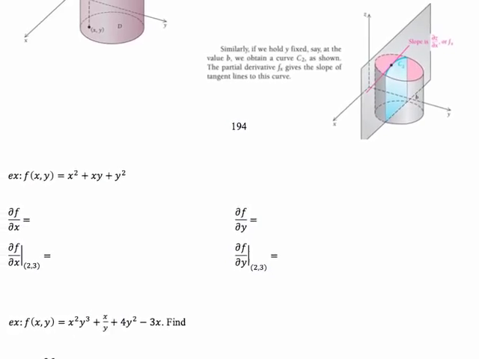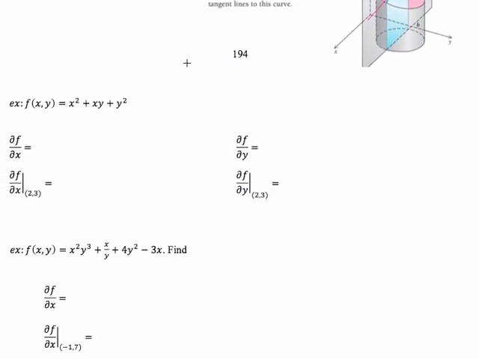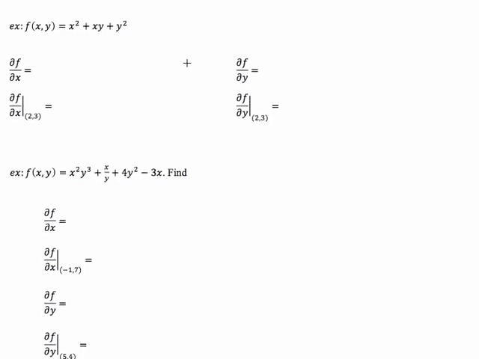Let's practice finding some partial derivatives. So if f of x, y equals x squared plus xy plus y squared, then the partial of f with respect to x: to find that, we treat y as if it were a constant or a number. So if y is a number, then y squared is a number. And if y is a number, it's sort of like the coefficient of the x here.